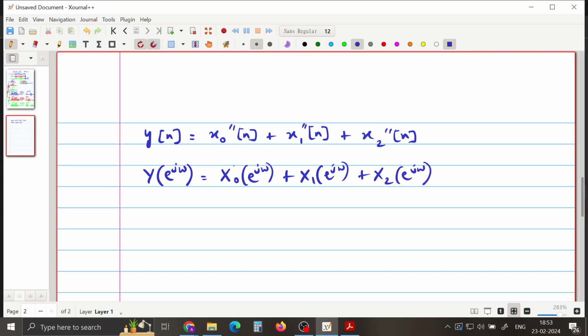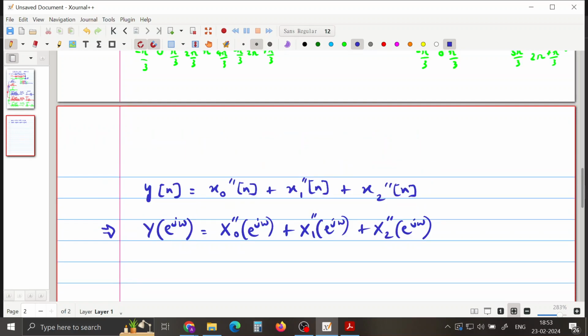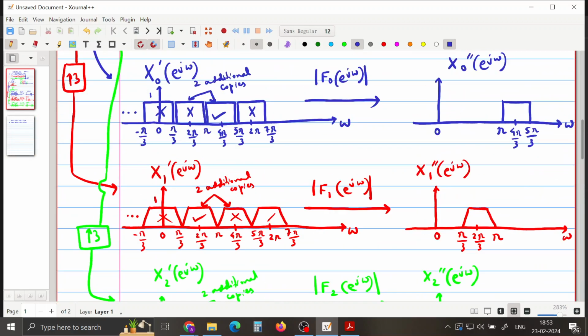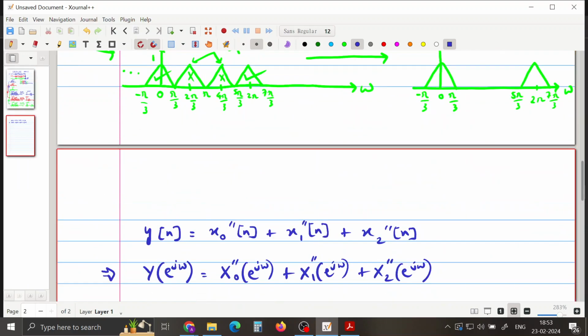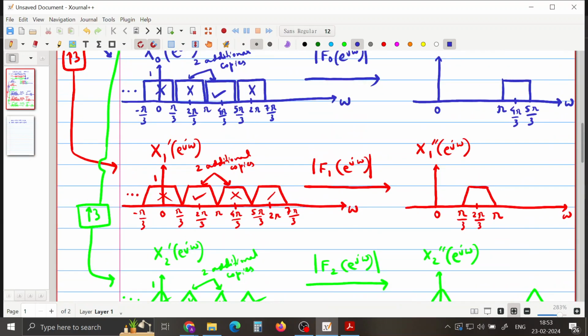So of course double prime, yeah. So this implies this. Basically I have taken the DTFT on both sides. So now we already looked at the spectrums, how they look for x1 double prime, x2 double prime and x0 double prime. Now our task is to add them up.